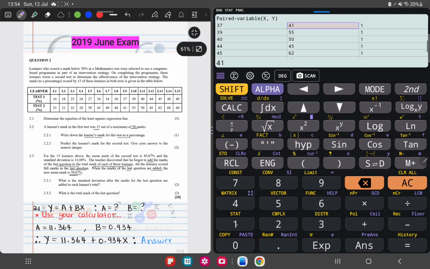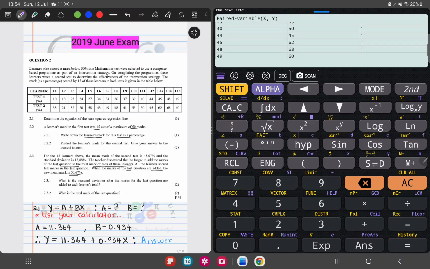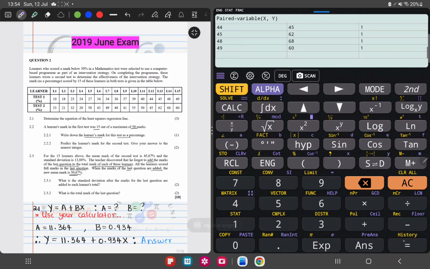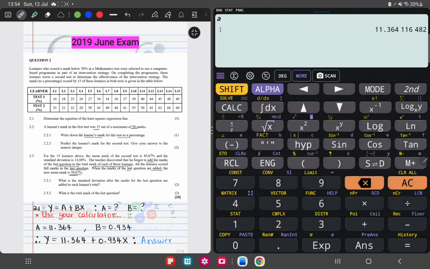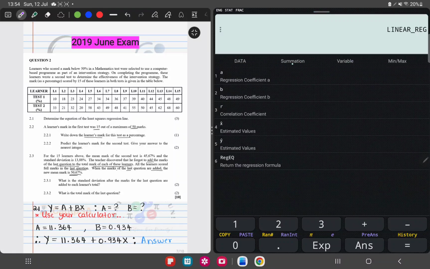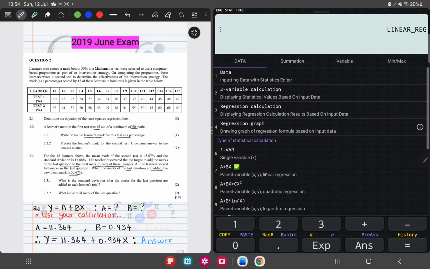We need to quickly rectify something here, guys. Let's go ahead and fix our regression equation. Let me see if this did get fixed, because I'm still getting the same value.